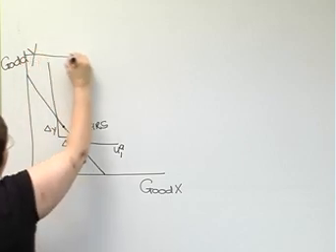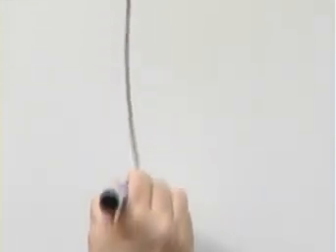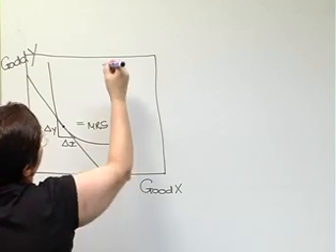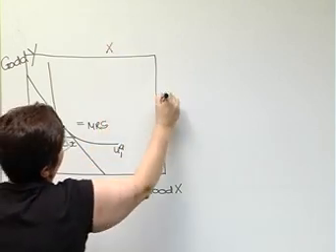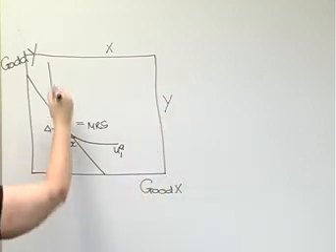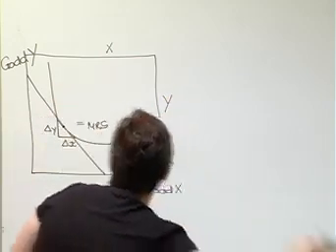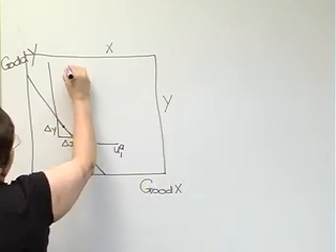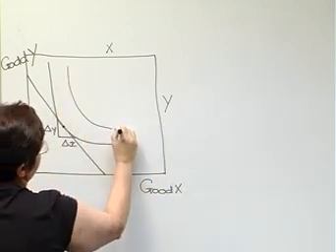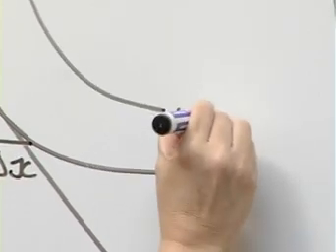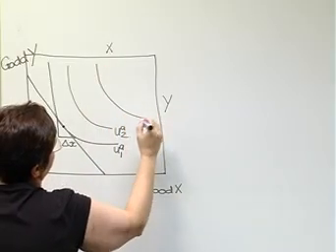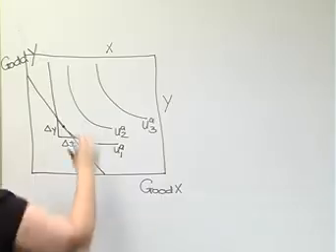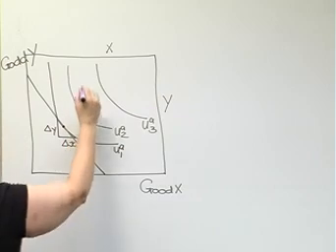If we do it like this, you'll have X and Y. And from this side, you'll get the second indifference curve of A, the third indifference curve, and from that side, you'll get person B.